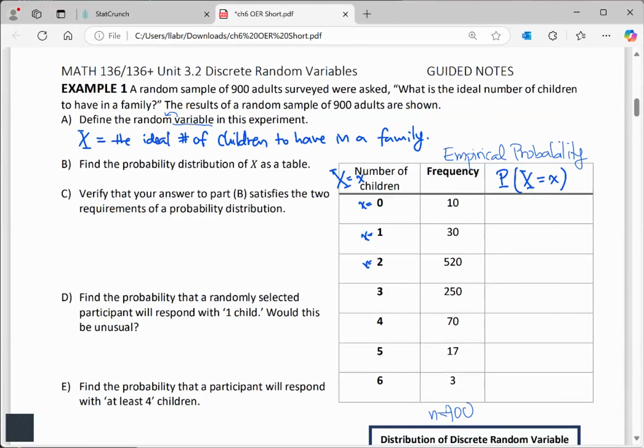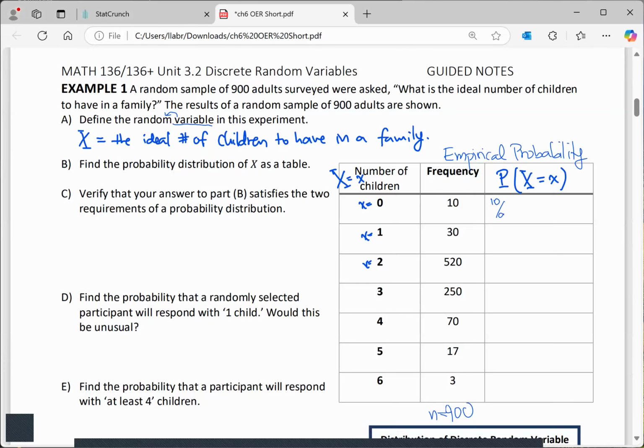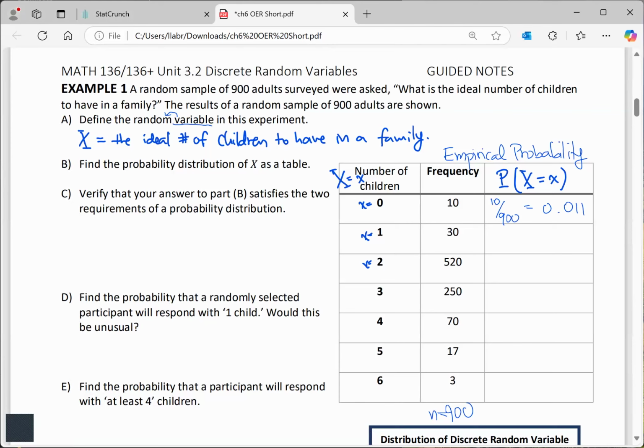And to find the corresponding probability, I simply need to go ahead and divide. So that's the relative frequency. I take 10 divided by 900. Throw that into a calculator and we get 0.011. So go ahead and find the corresponding probability for all of these. I'll go ahead and pause the video, or you go ahead and pause the video, and fill in the rest of this table.